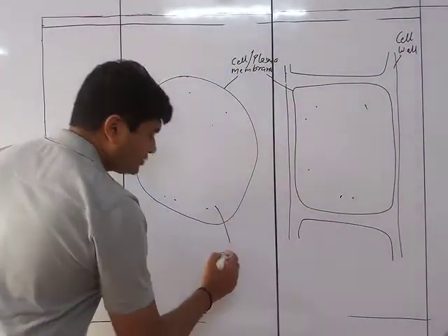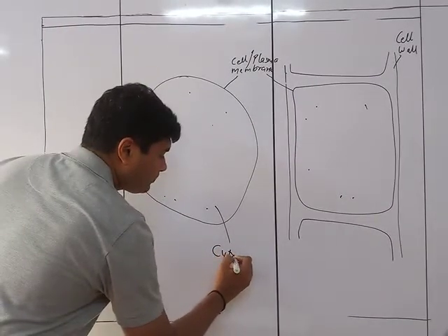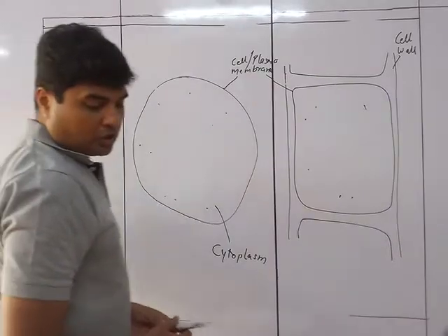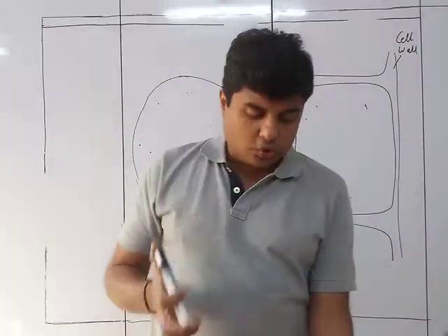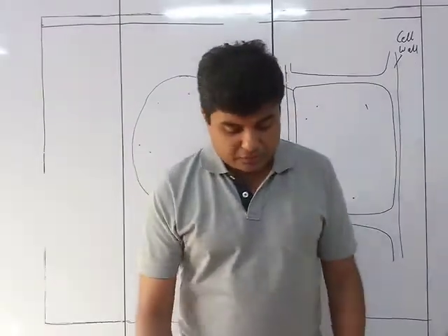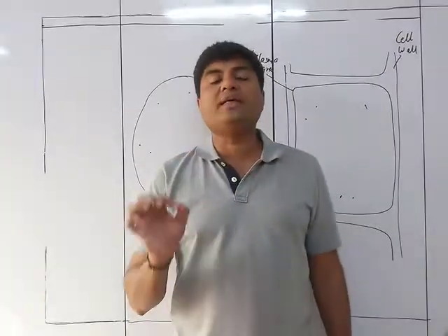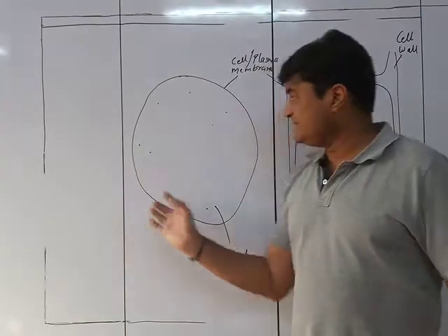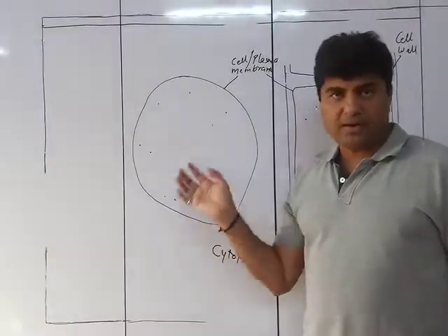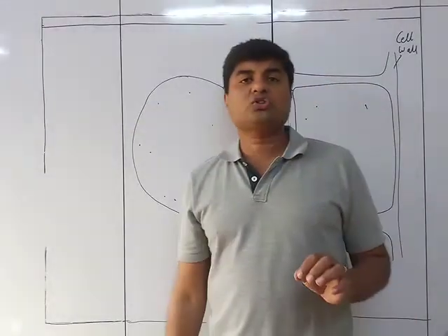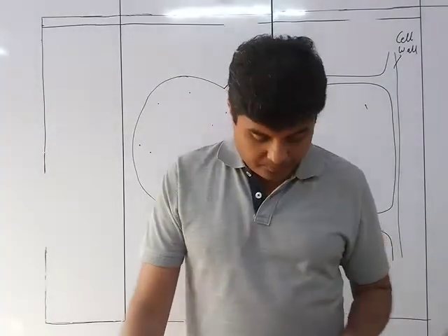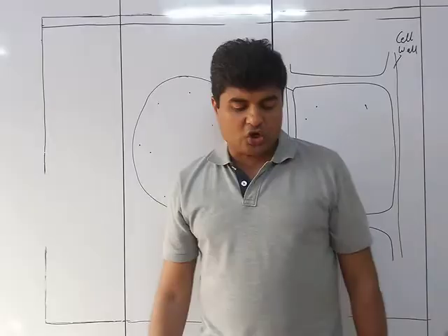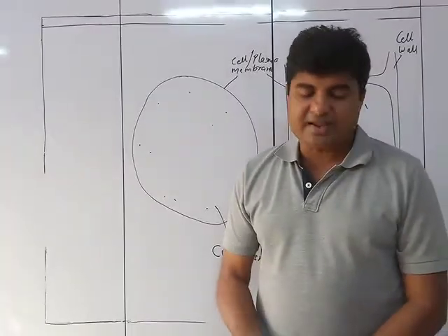So this over here is called cytoplasm. All the parts together inside the plasma membrane, excluding the nucleus, are called cytoplasm. It contains a mixture of water and soluble inorganic and organic components and various organelles.